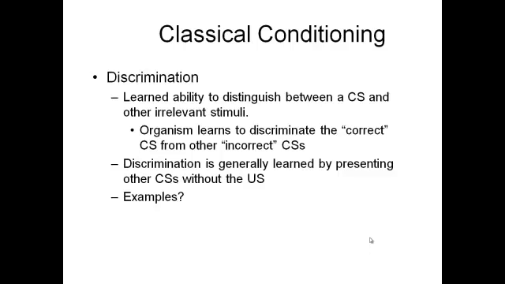With discrimination, you are distinguishing one stimulus from another. One stimulus gets paired with the unconditioned stimulus, one stimulus doesn't. One stimulus is associated with the things you like, and the other one is not.